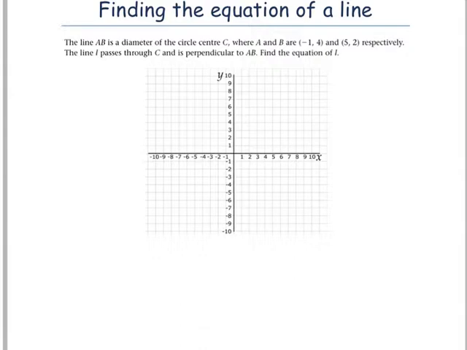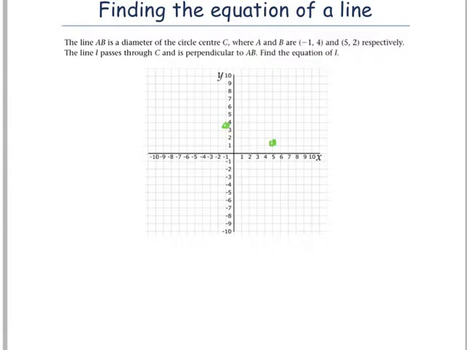Now, you're not going to be given a grid in the exam. However, there's no excuse for you not quickly sketching yourself what the question is asking you to do. So, (-1, 4) is here, and (5, 2) is here, and they are at the end of a diameter of a circle.